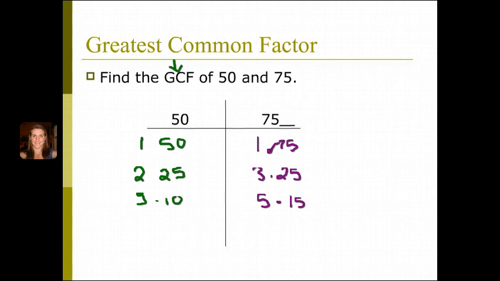Well, if we're looking for the greatest common factor, we're looking for the number that they have in common that are both multiples. Our greatest common factor when comparing 50 and 75 is 25.